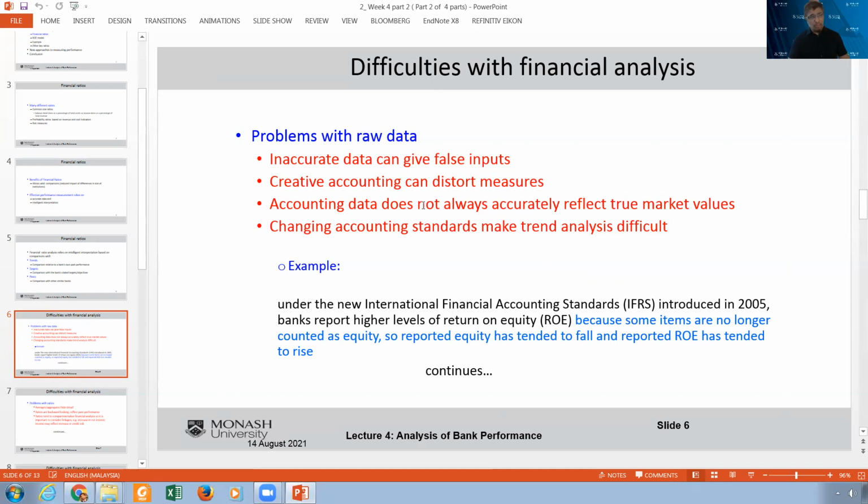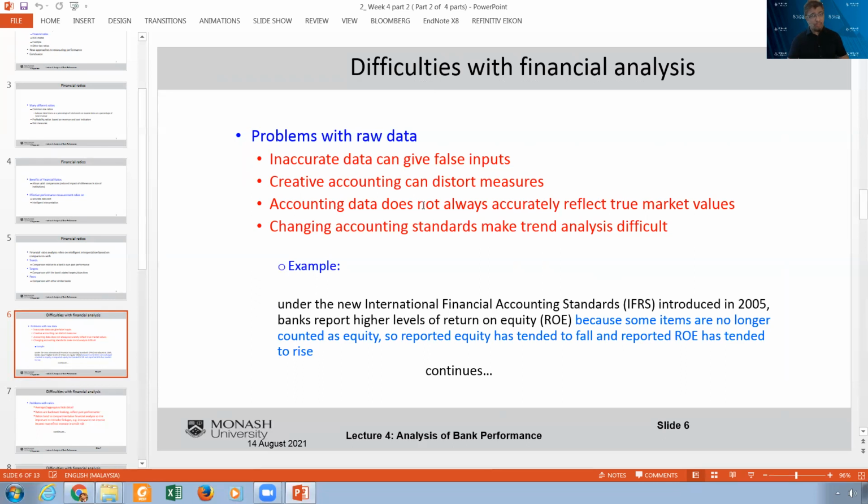So we always have this creative accounting that can distort measures, which means we always have these different and new accounting standards that can give different dictation between one year and the other year. That doesn't mean you are cooking the books.